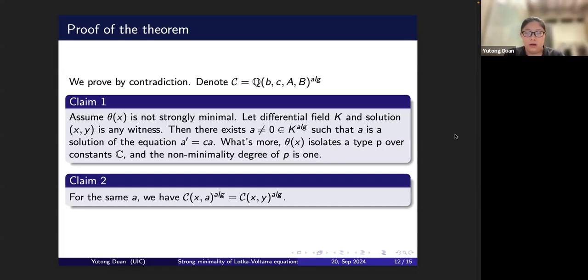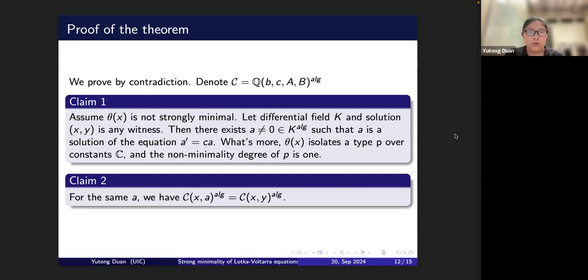What's more, if you know those concepts in model theory, theta of x isolates its generic type p over the constants C, because basically we don't have subvarieties. So all the order 1 equations over C cannot be a subset of this formula, and the non-minimality degree of p is 1.